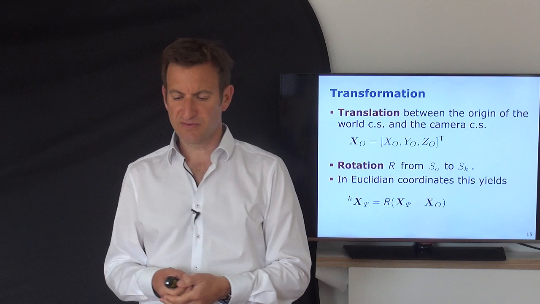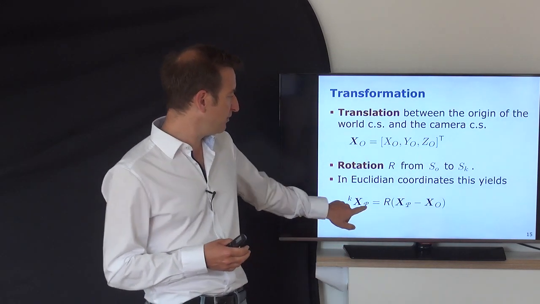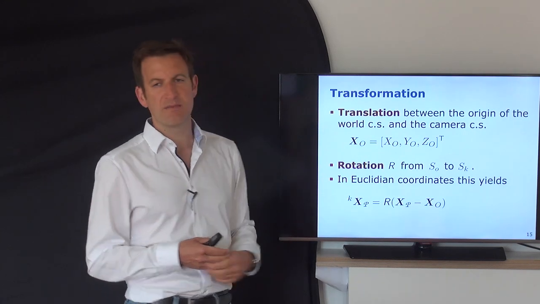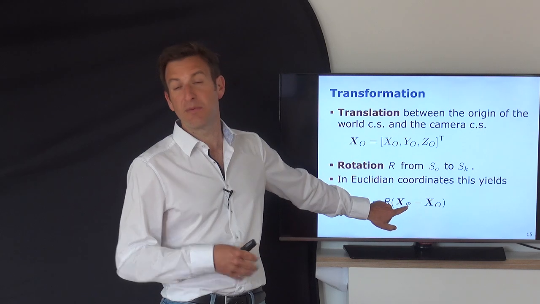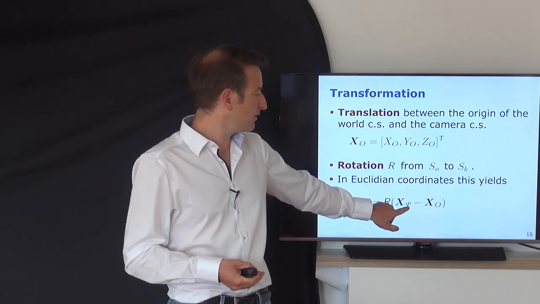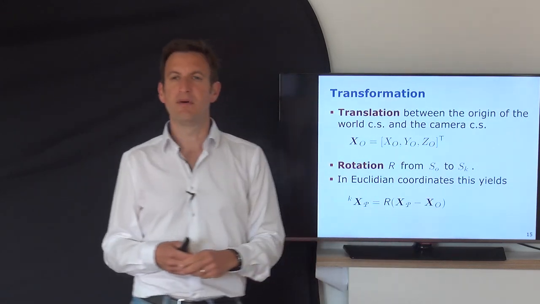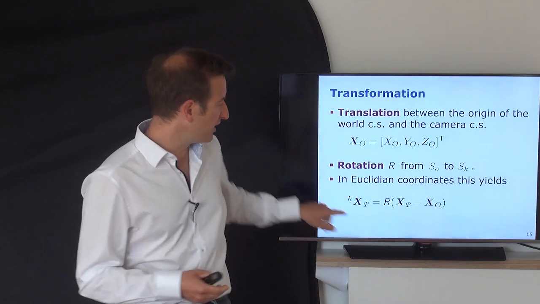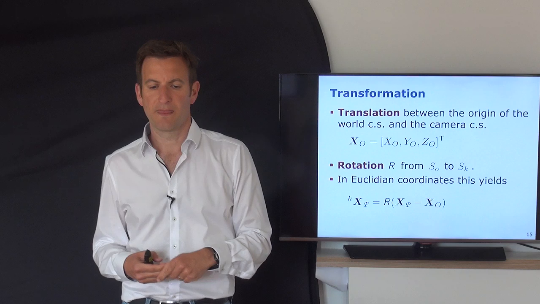If you want to express this in Euclidean coordinates, the point P expressed in my camera coordinate system is the XYZ location of the point in its original object or world coordinate system. We subtract the location of the camera and then perform the rotation. That's what's written down here in Euclidean coordinates.